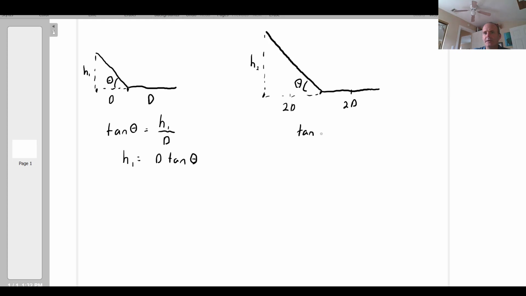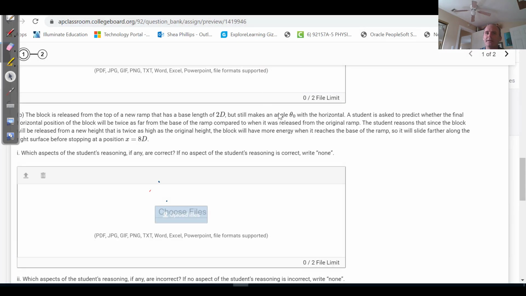Tangent of theta is equal to h2 over 2d. So h2 is equal to 2d tangent of theta. If you look at this, h2 is 2 times h1. So that first part, he did have something correct: the height is going to be twice as high.